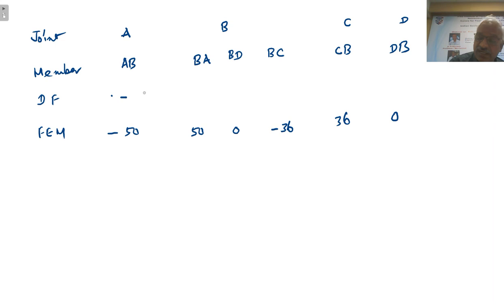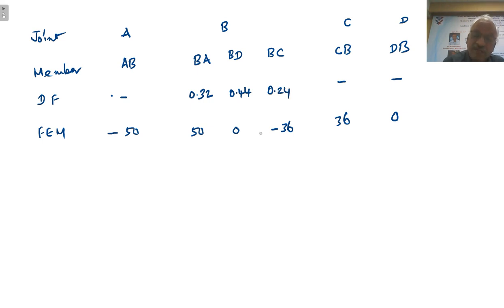AB, there is no distribution factor. DB, there is no distribution factor. CB also no distribution, there is only one member. So for BA, the distribution factor is 0.32. For BD, it is 0.44. We have not calculated them here, we have just assumed values for a given span and moment of inertia, and this one is 0.24.